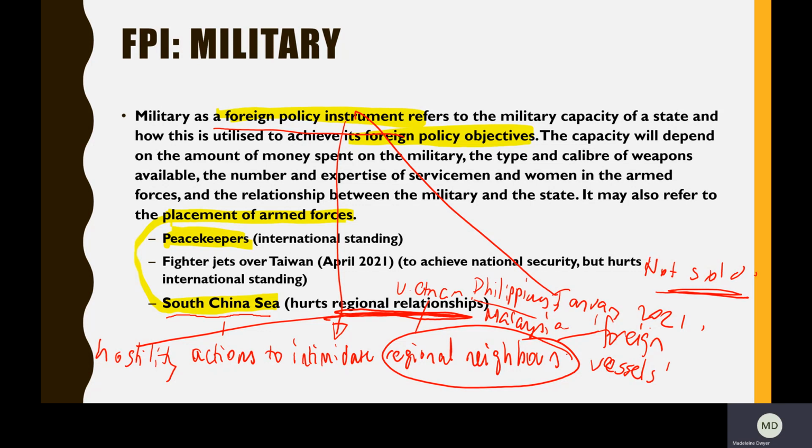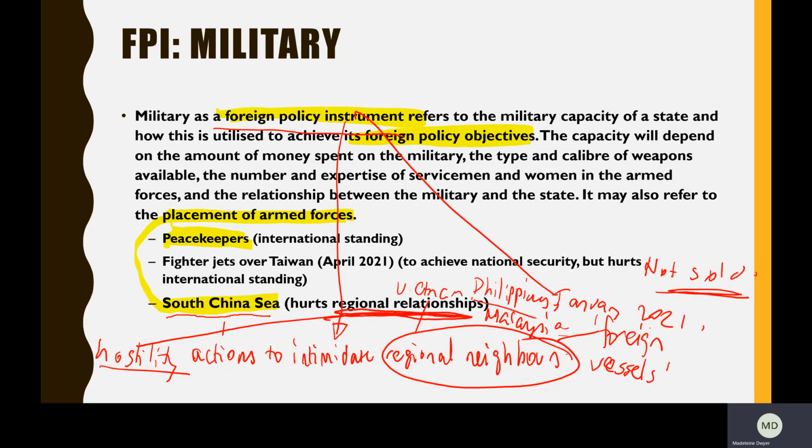It has even resulted in the US and the Philippines running war games in the South China Sea. That's a threat to China, and that could also hurt their national security. So their use of the military in the South China Sea has hurt their regional relationships because there's a lot of neighbours that they are threatening.